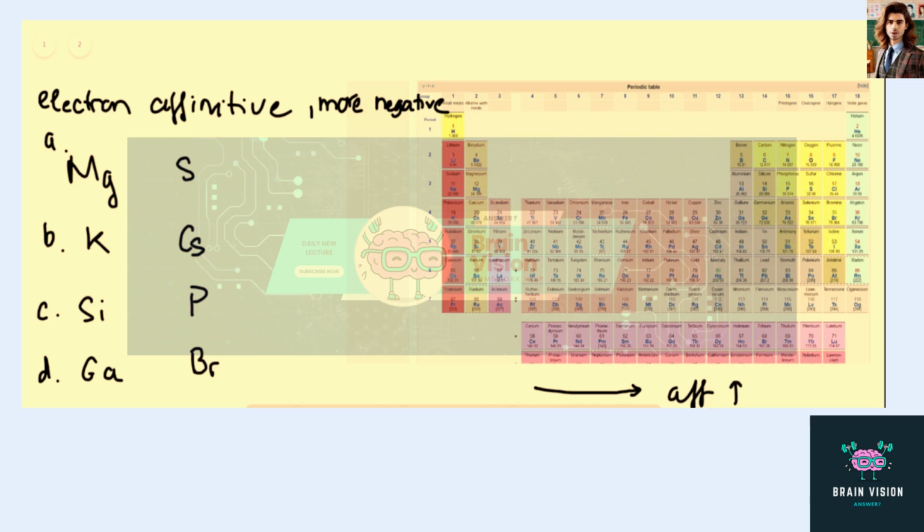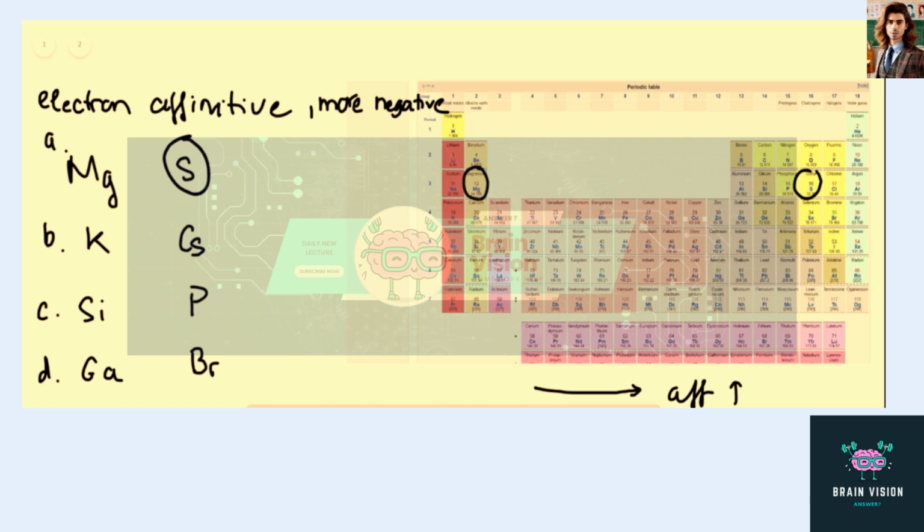In other words, the electron affinity will be more negative. And so sulfur is at this position, and here is magnesium. So for sure, sulfur will have a more negative electron affinity compared with magnesium.